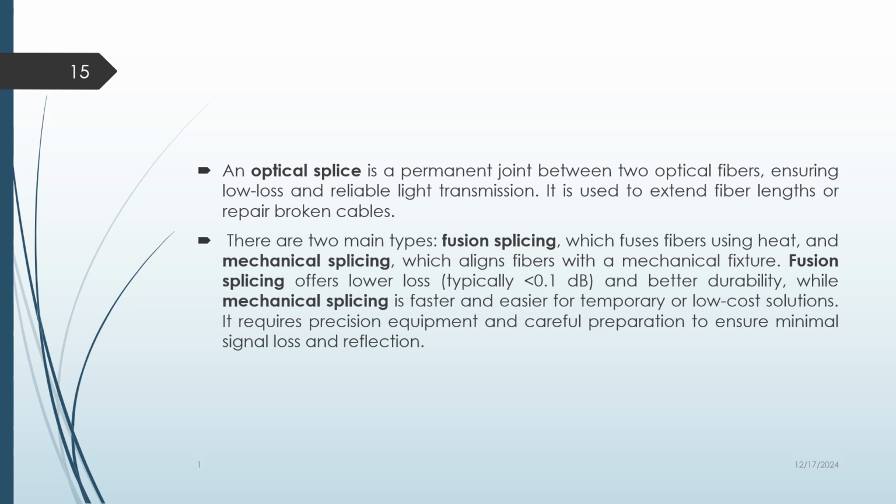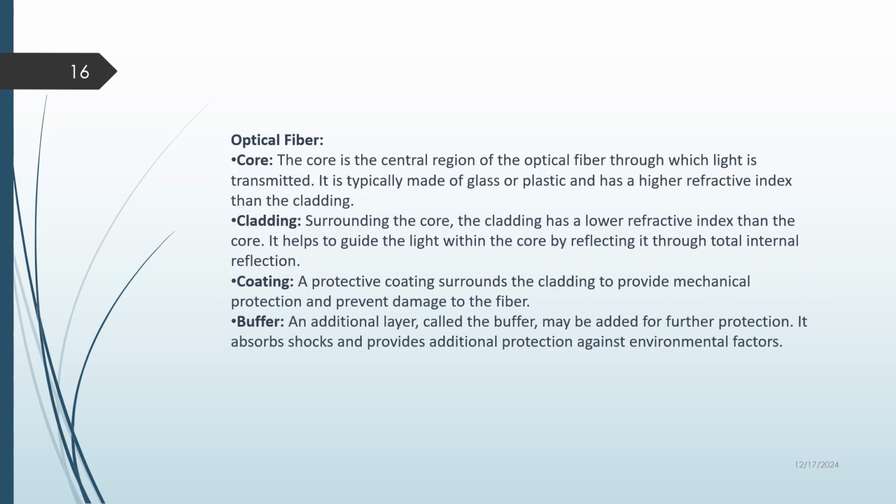Fusion splicing offers low loss, typically less than 0.1 decibel, and better durability, while mechanical splicing is faster and easier for temporary or low-cost solutions. It requires precise equipment and careful preparation to ensure minimal signal loss and reflection.